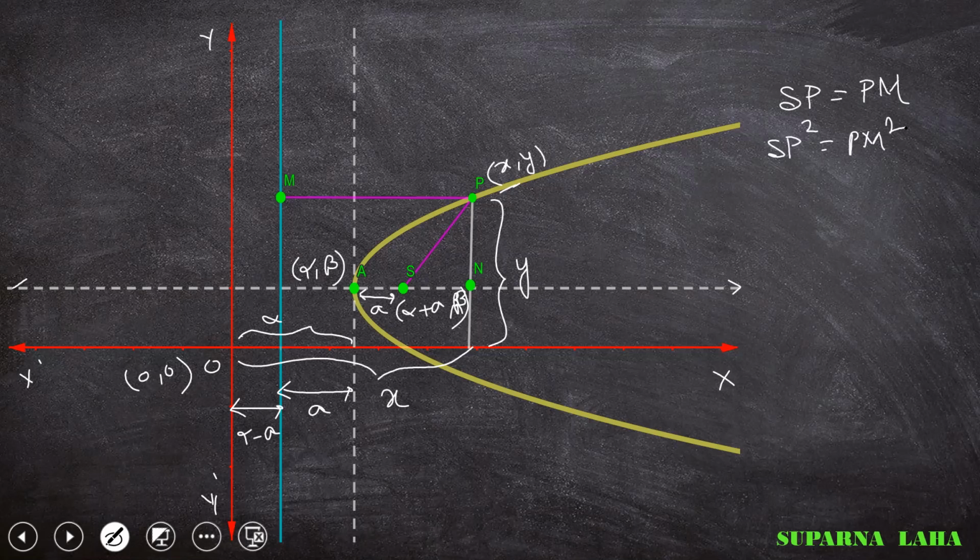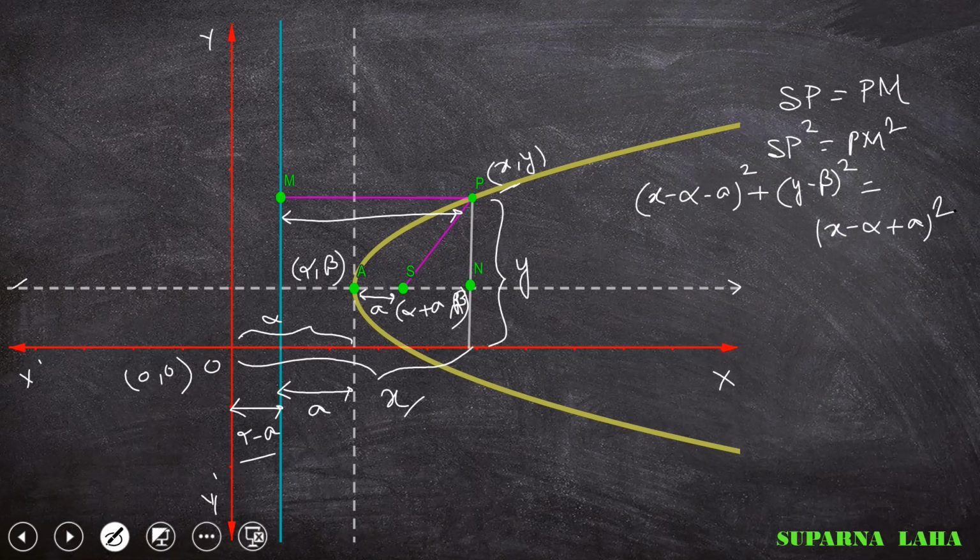So if I write down the distance, that is x minus alpha minus a the whole square plus y minus beta the whole square. And what is PM? PM is this distance, that means x minus alpha minus a, that is x minus alpha and minus plus a, its whole square.